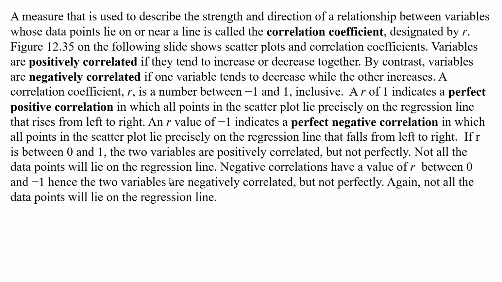Now, the correlation coefficient R is a number between -1 and 1 inclusive, so everything in between is included. An R of 1 indicates a perfect positive correlation, in which all points in the scatter plot lie precisely on the regression line that rises from left to right. Whereas an R value of -1 indicates perfect negative correlation, in which all the points lie precisely on the regression line that falls from left to right.